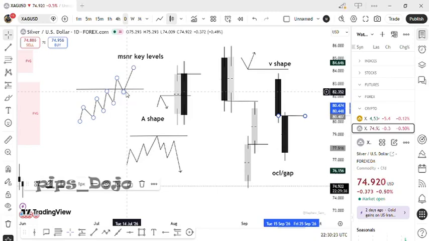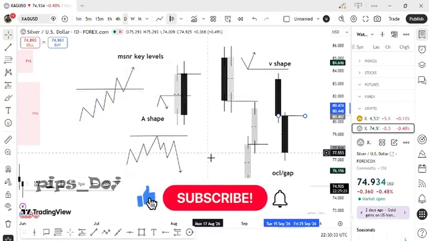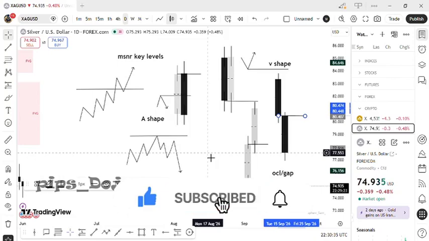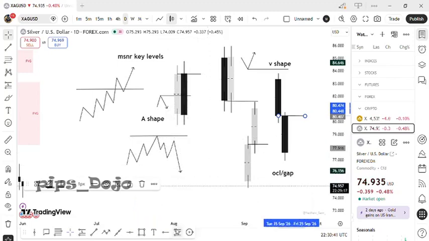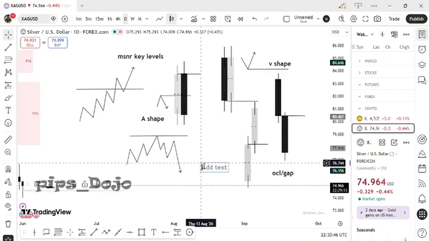So these are the most basic kind of key levels in our MSnR strategy. Another thing we have to take note of is the variations of our support and resistance. Let's just type something here, not to waste our time.